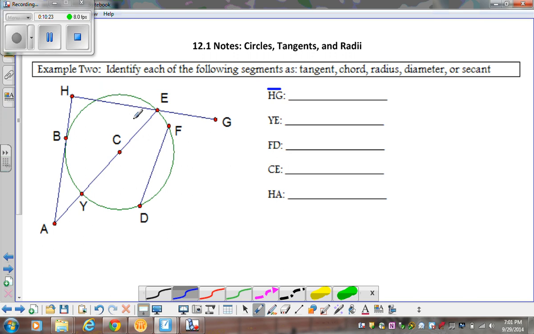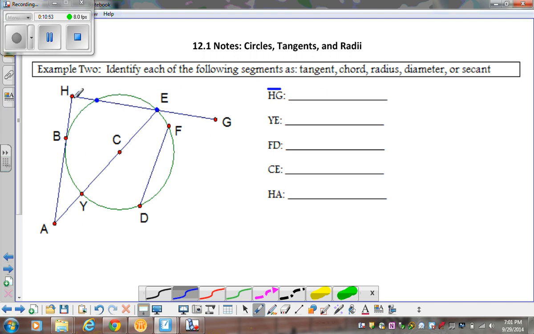All right, so let's look at how many times this segment touches the circle. If you notice, HG touches the circle once right here, and it touches a second time right here at E, which means it's either going to be a chord or a secant. The way we differentiate between those is, remember, a chord is going to stop on the circle. Its endpoints are on the circle, while a secant touches the circle twice but keeps going.